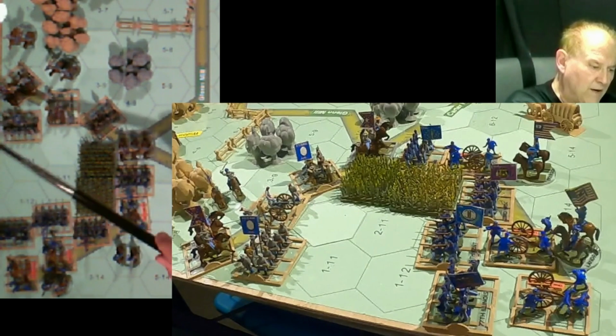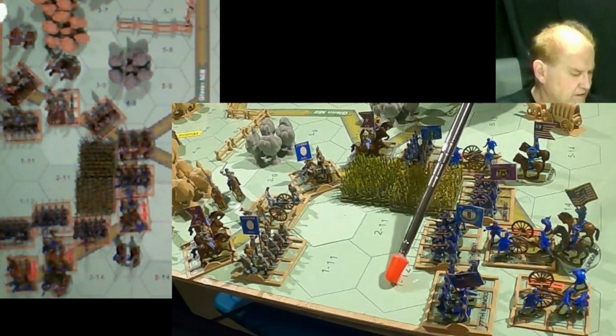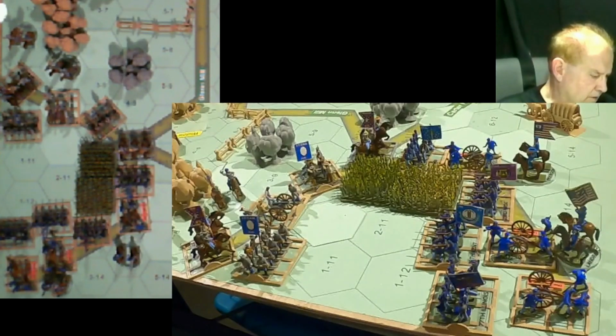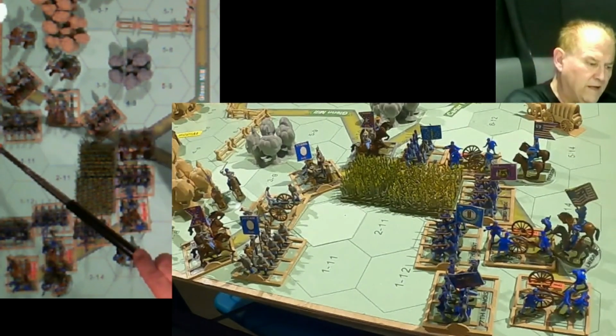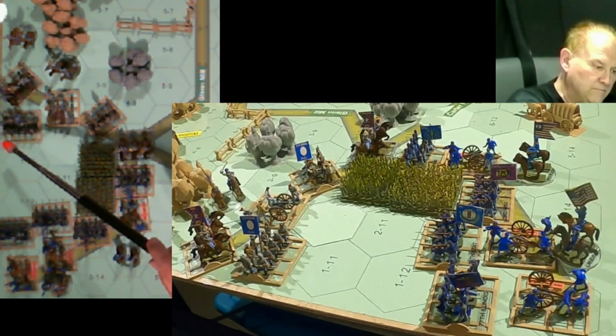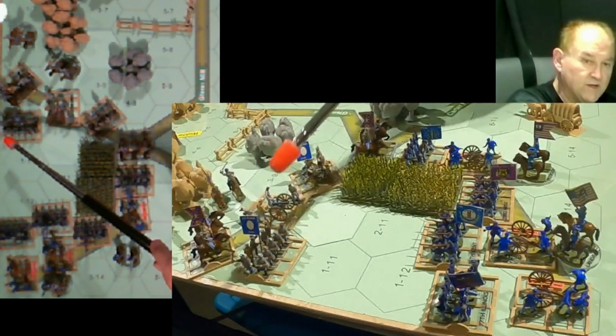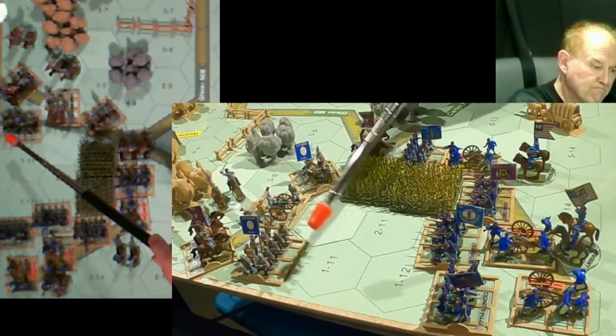Same here, automatic color, no commander effect, and he got it. So there is a red hit. I'm sorry. Actually, yes. At this range, it is a red hit, not an incremental hit.